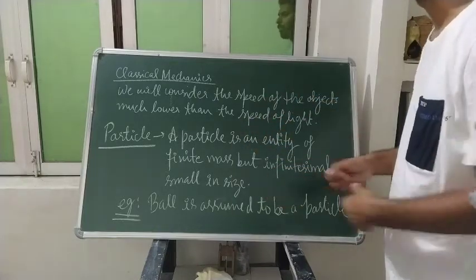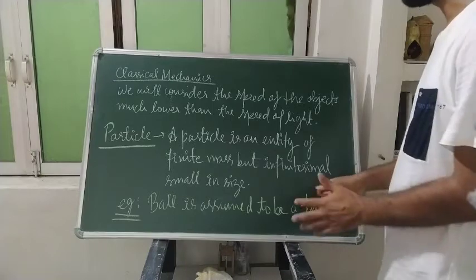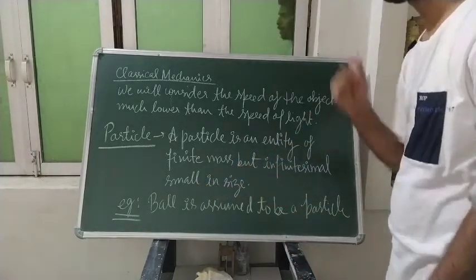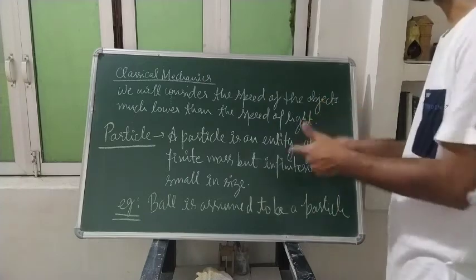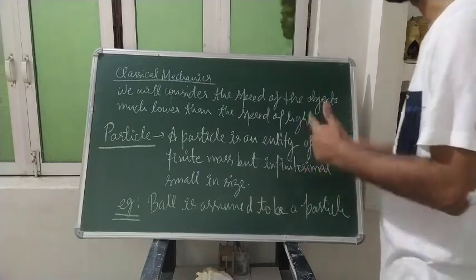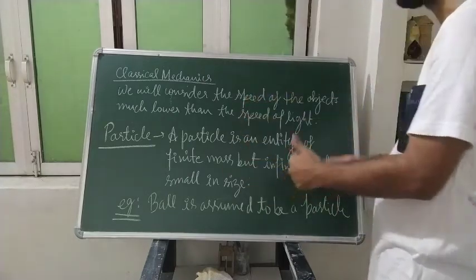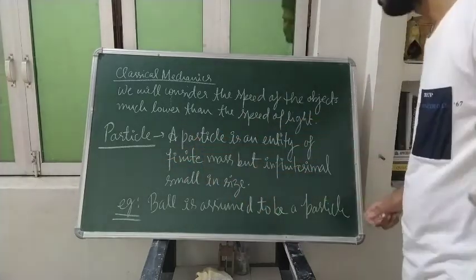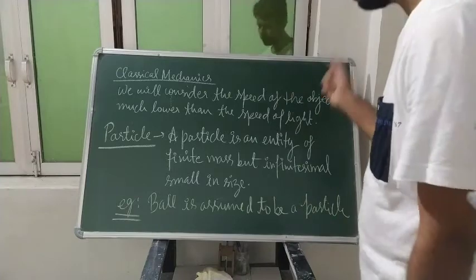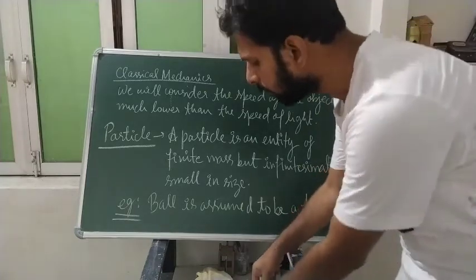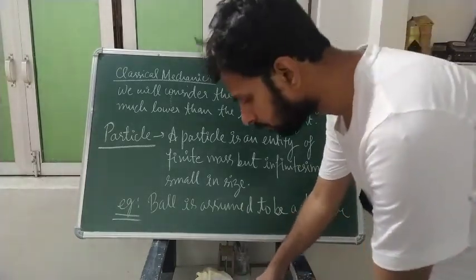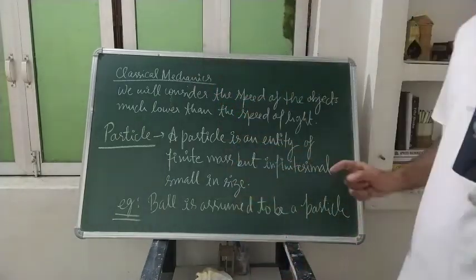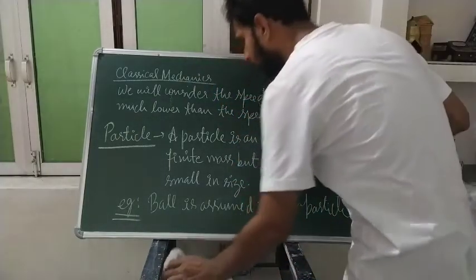When we move to rigid bodies, we can't ignore the size of the particle, because there the particles are present at definite distances, and we will have that size as well. We will study those things when we move to that. So I have given you the idea of a particle.